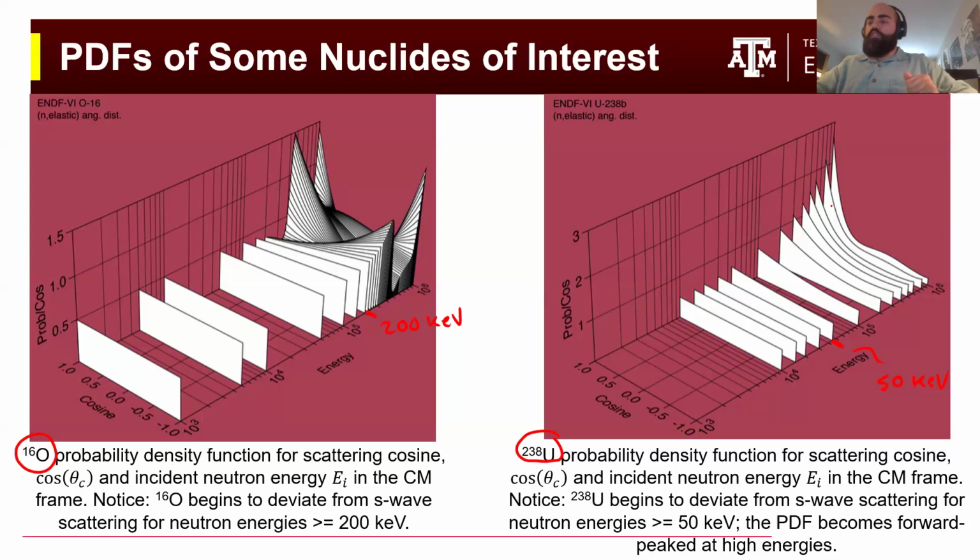So hopefully those plots make sense. The first time I saw these plots, I thought they were so cool. I think it helps to better understand what we're talking about when we talk about different scatterers having certain distributions, both in terms of energy and in terms of angle.